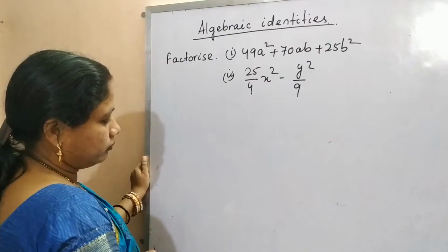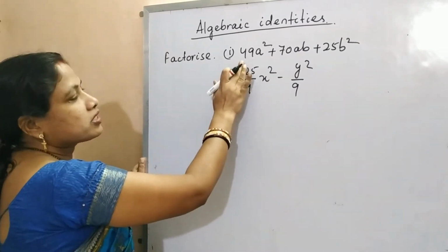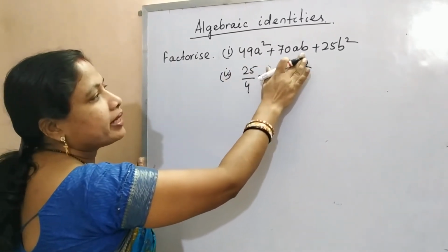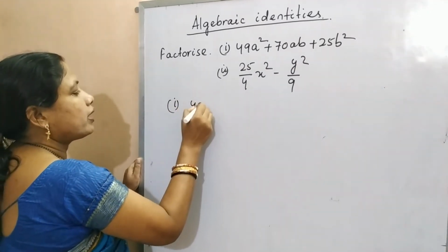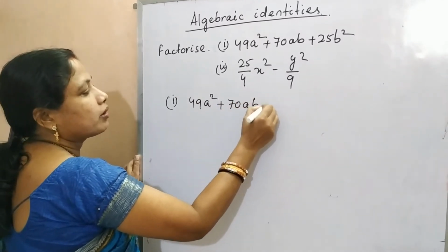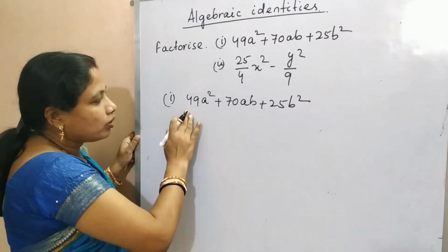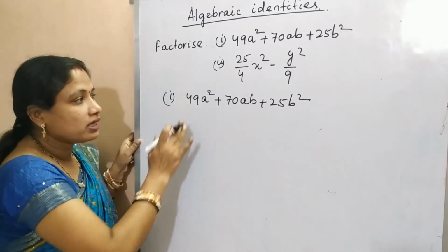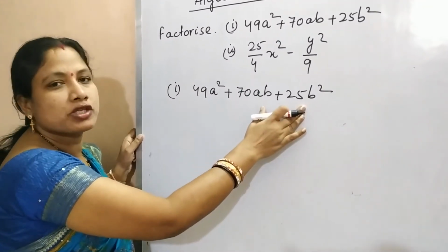this is the answer. Next example, factorize. First, 49a² + 70ab + 25b². So look at the expression. It is in the form of a² + 2ab + b².